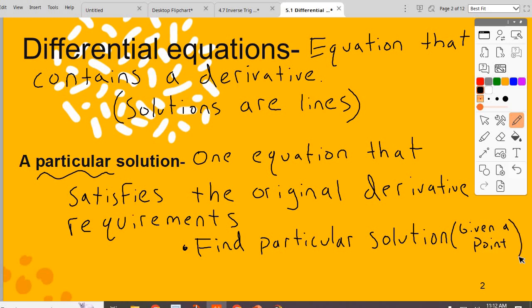So remember that basically that point allows us to then solve for our C value. And we will also kind of go backwards. We will verify solutions, meaning that they will give us an equation and basically ask, does this solution make our original differential equation true? Or is it a particular solution?